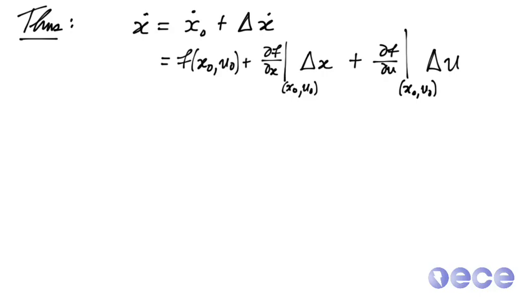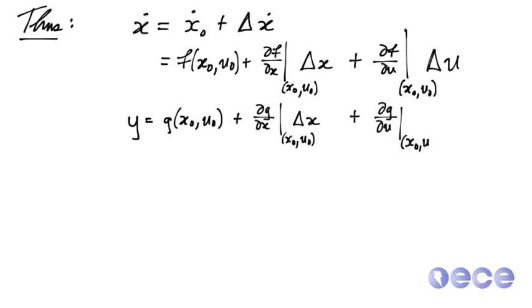So we've approximated f of x and u as three terms here. And we can do the same thing for y. So we take the operating point, g of x0, u0, and then the partial with respect to x times the deviation from x, plus the partial with respect to u times the deviation from u. So now we have something that's looking a little bit more like it could be a linearization point.